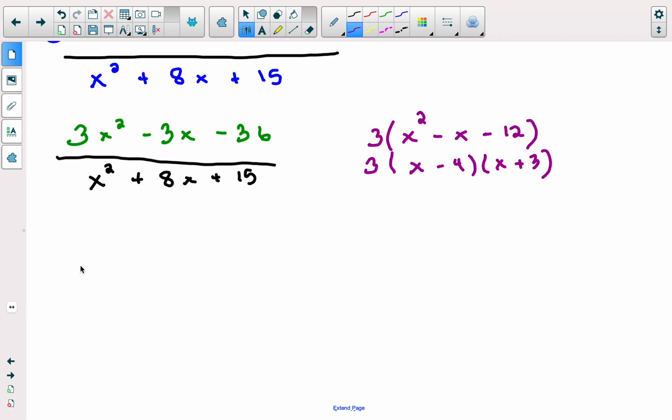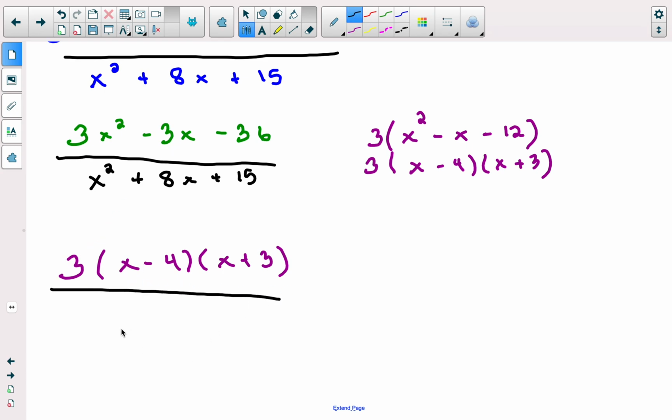So now I'm going to start that in my new denominator. 3 times the quantity x minus 4 times the quantity x plus 3 divided by, and now I'm going to look to factor my denominator, which is x plus 3, x plus 5, and I'm looking for common factors since this is a whole product now.